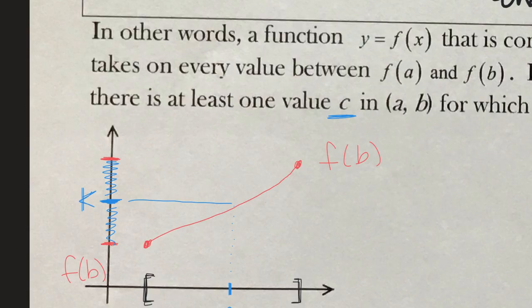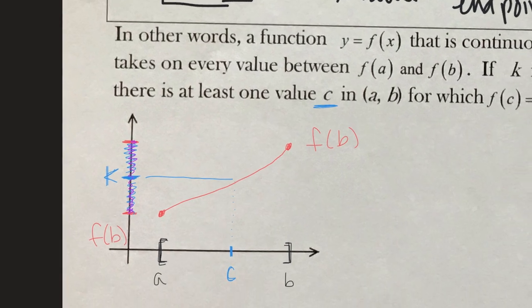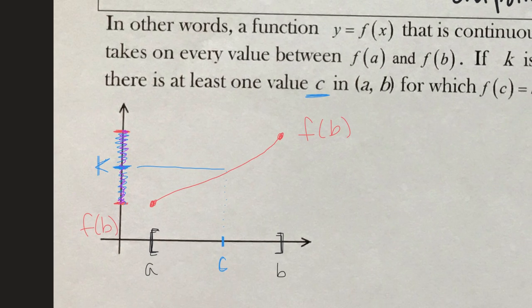The only thing that the IVT guarantees is that you're going to find a y value in between these two y values. That if you once were 3 years old and now you're 10 years old, somewhere in between there, you were 6 years old. That's all that the IVT says.